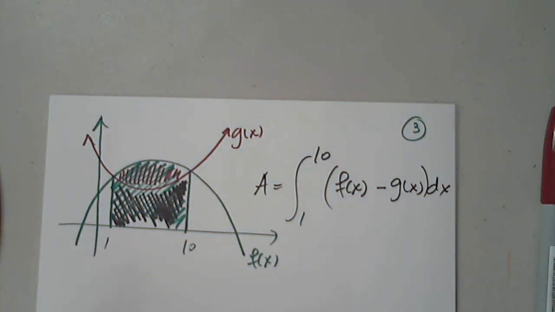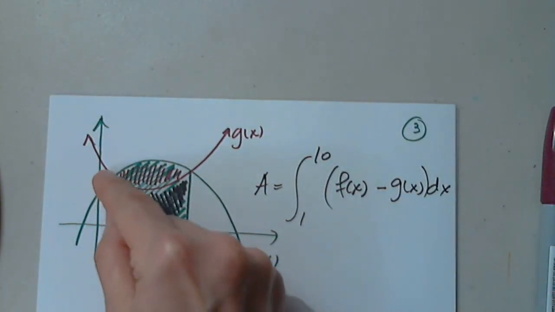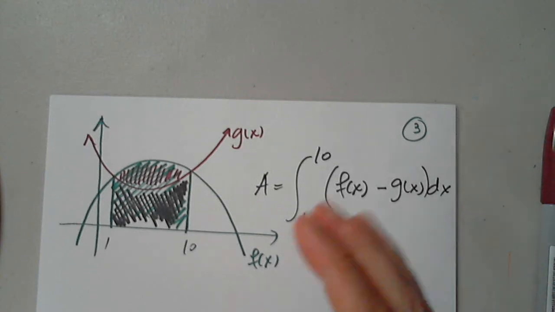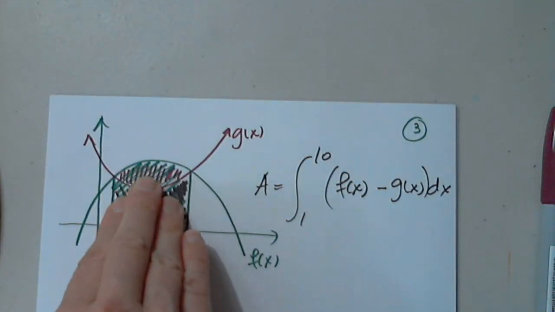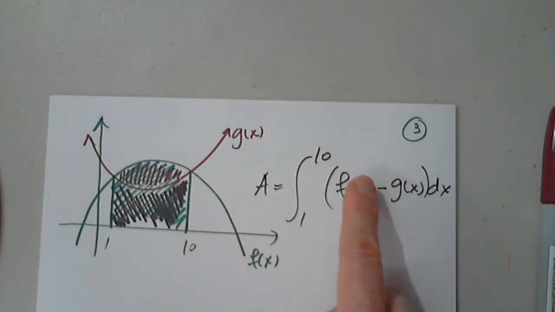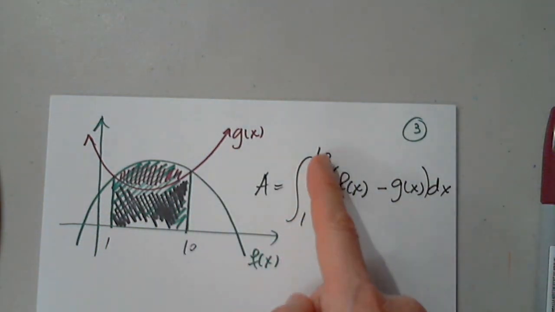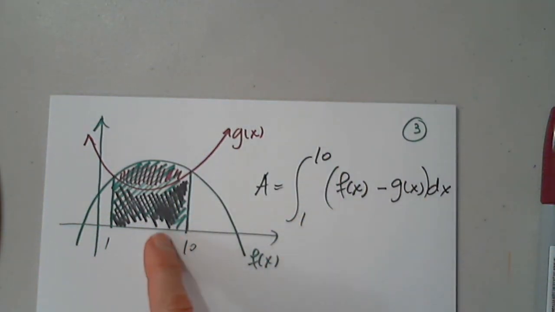So what we normally say is, from the function above, we subtract the function below. But what we are really doing is calculating this area from 1 to 10 of f of x dx, and subtracting this area from 1 to 10 of g of x dx.